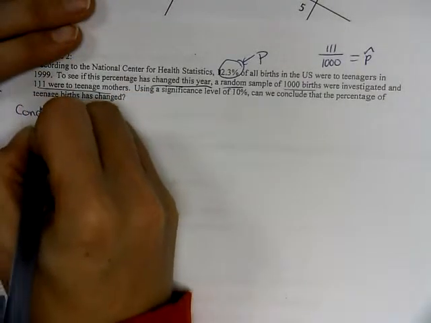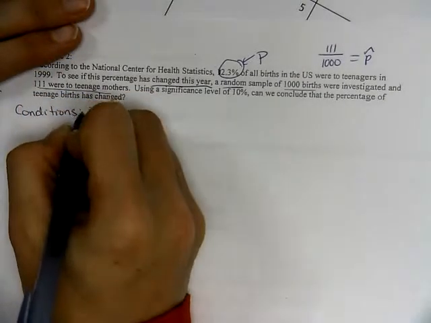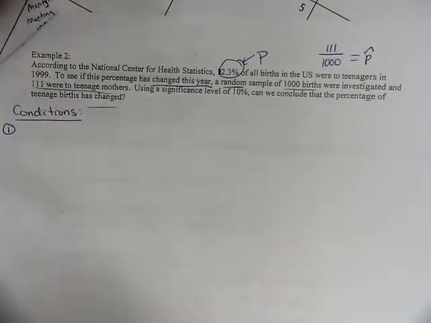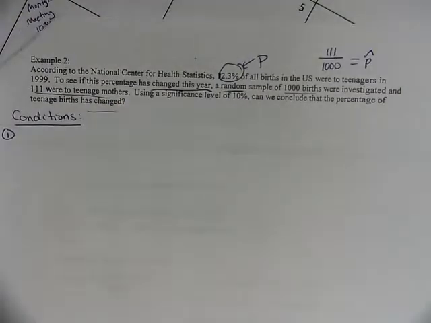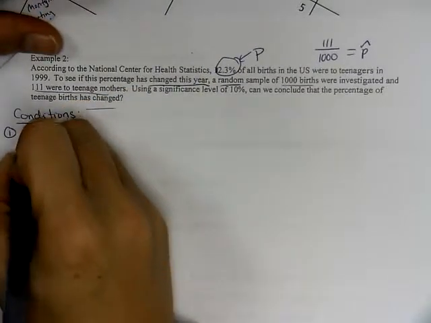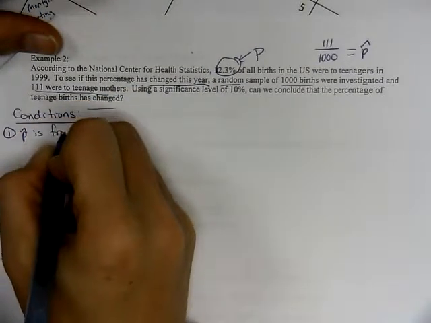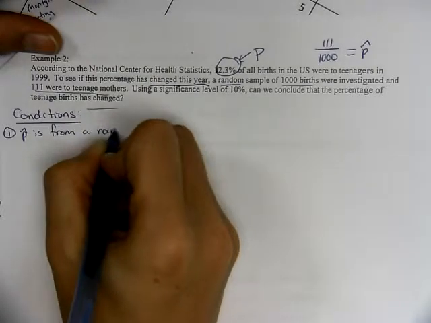So for the conditions, do you have a random sample? Yes. Now, if you didn't, because I think on the homework there's one that's not, you do what we did in Chapter 9. Not a random sample, proceed with caution. Stick with that. So p hat is from a random sample.